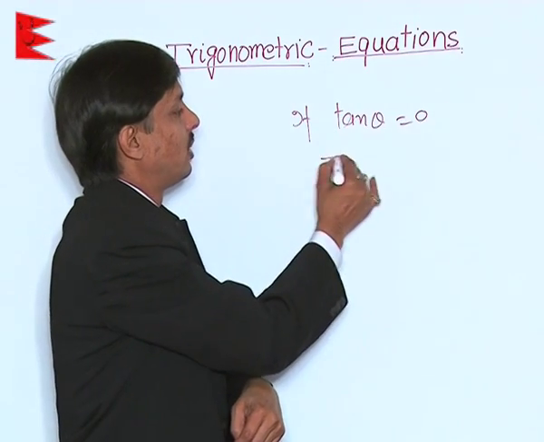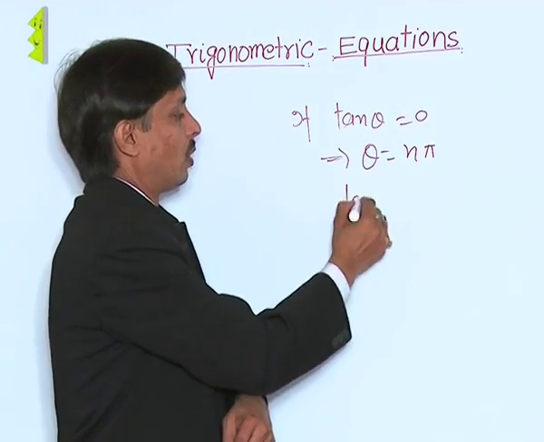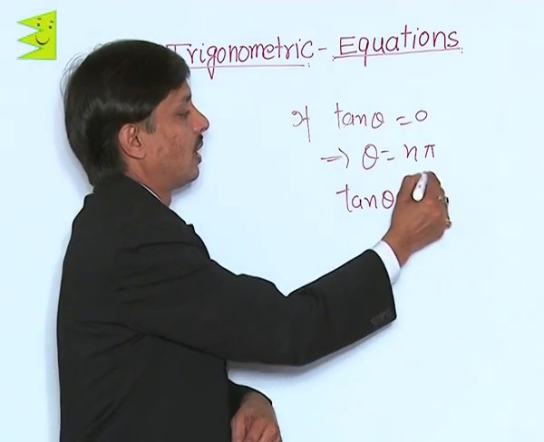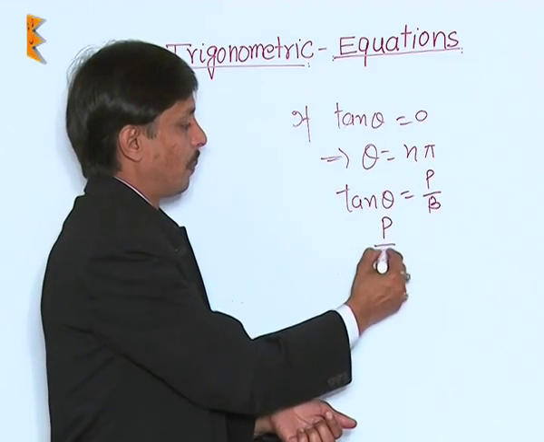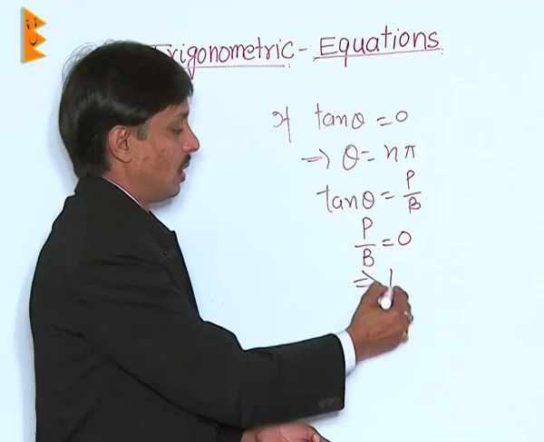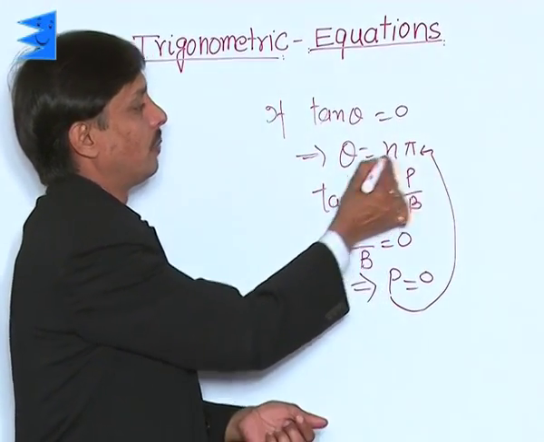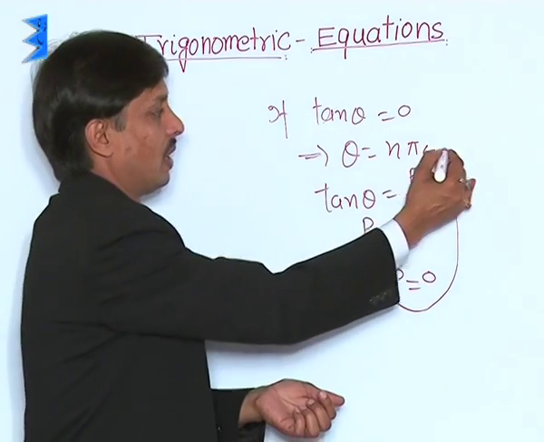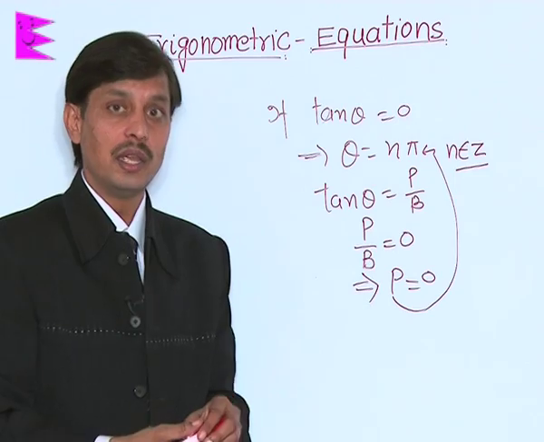So if tan theta is 0, then the answer for theta will be n pi, because tan theta is taken as perpendicular upon base. If this perpendicular upon base is 0, this implies the perpendicular is 0, which is possible only if theta is equal to n pi, under the condition n belonging to any integer.